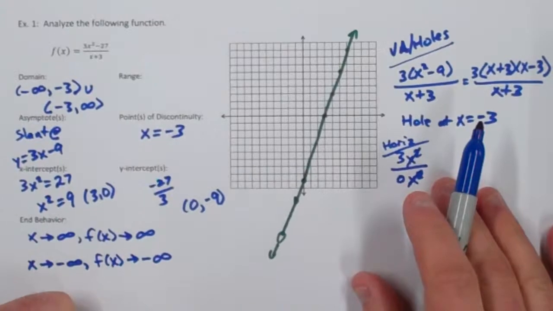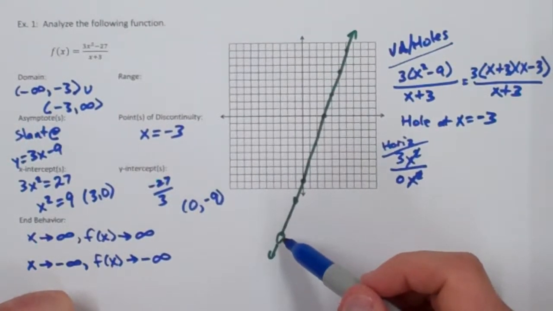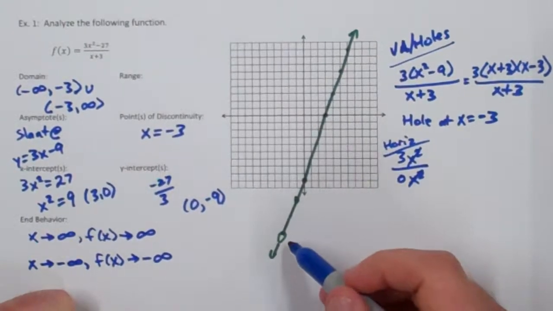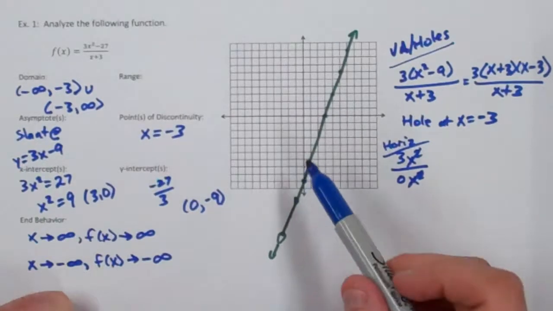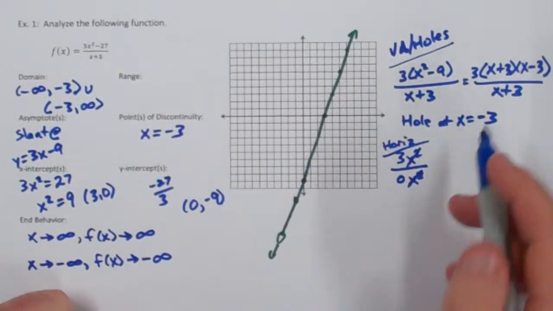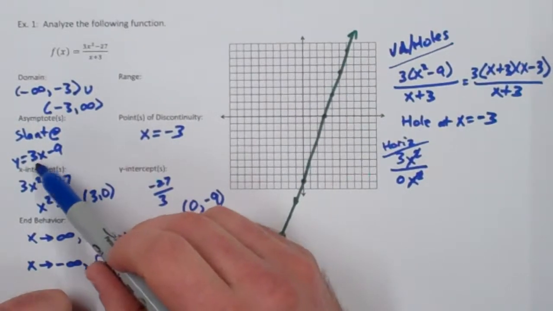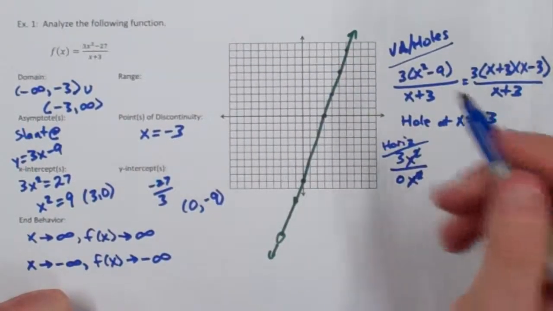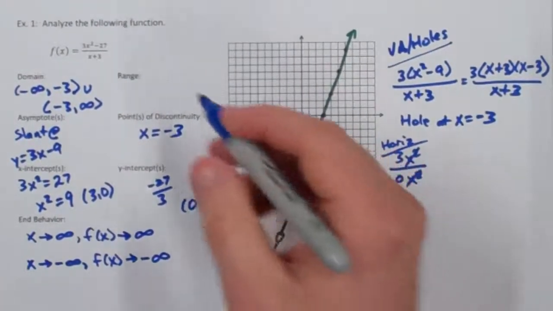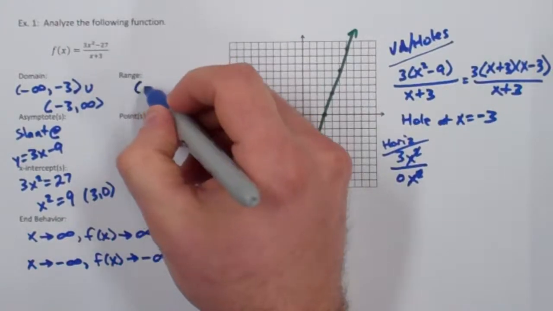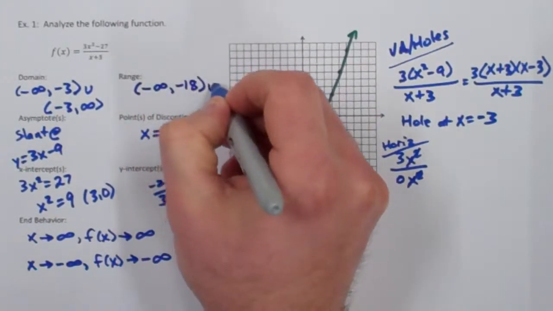We just need to substitute in -3 into 3x minus 9. So when x is -3, that's -9 minus 9, which should be -18. So we don't want to include -18 in the range, so we can just go from -infinity to -18, union -18 to infinity.